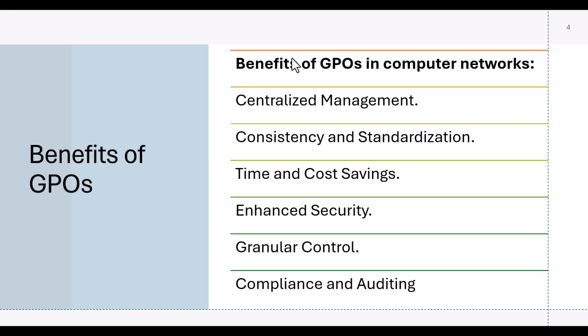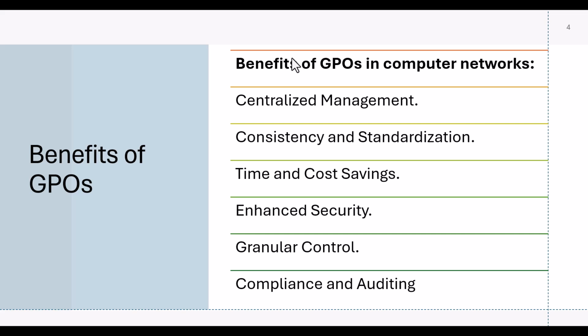It also helps us in terms of consistency and standardization of settings across our Active Directory domain. Group policy objects enable administrators to enforce and standardize configurations and policies across the network. This consistency helps ensure that all computers and users adhere to organizational standards, security policies, and best practices.